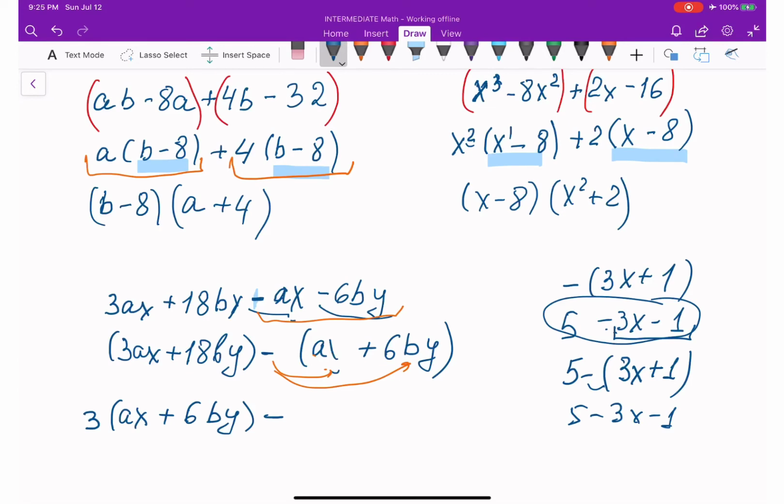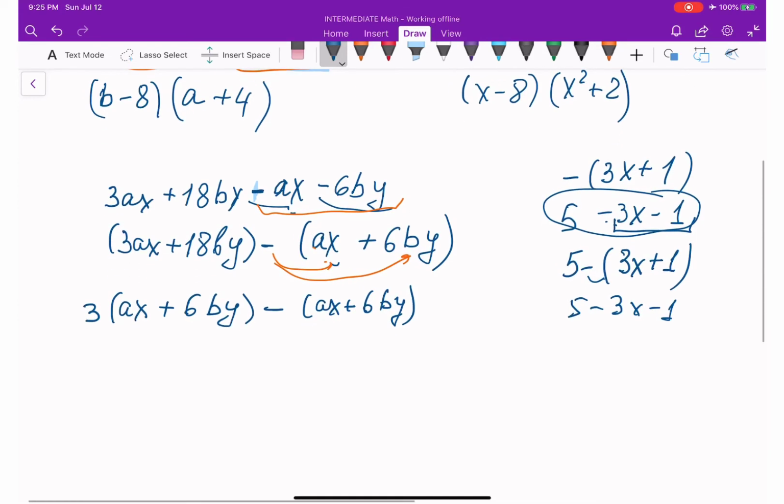All right. So ax, there is nothing to take out. Okay. So what is the common factor here? Common factor is ax plus 6by, right?